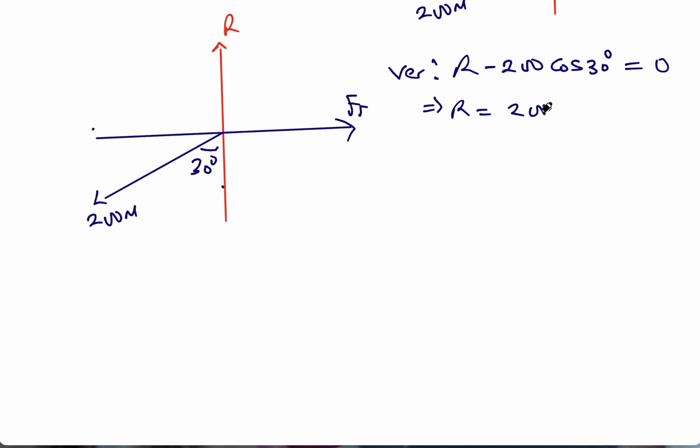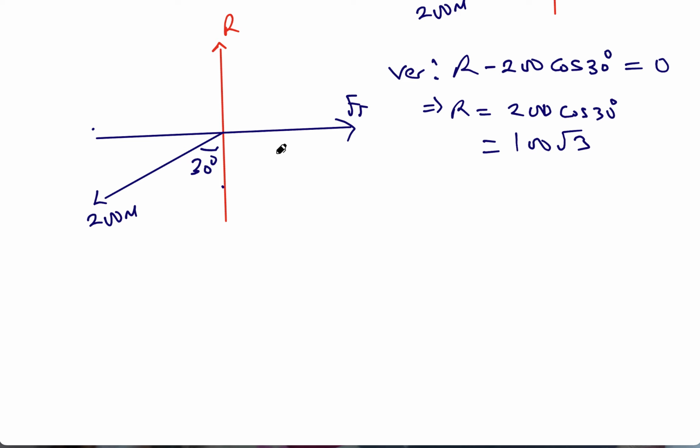You should know this cos 30 degrees already. So that will be 200 cosine of 30 degrees, and that will give us 100 root 3. That's our R.